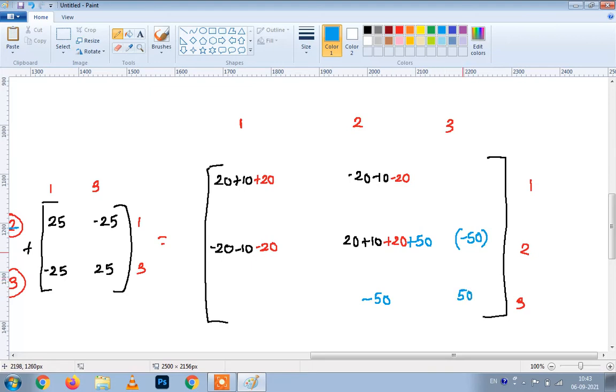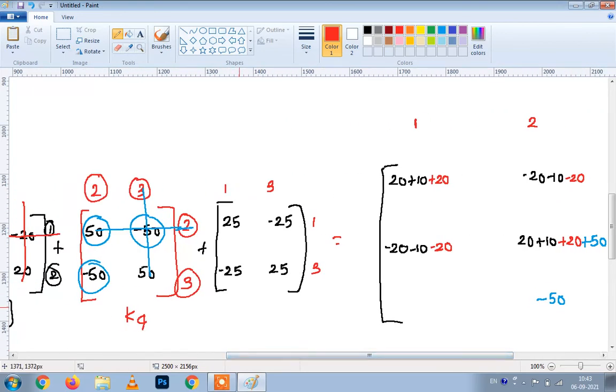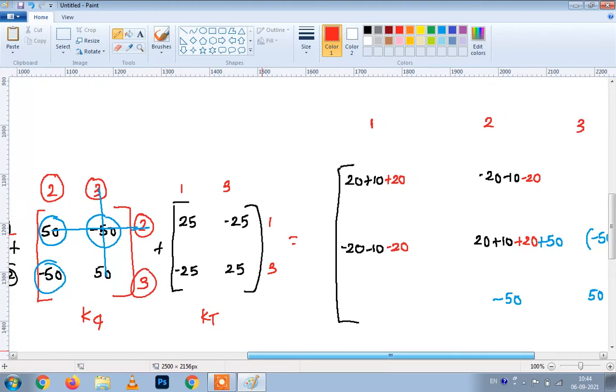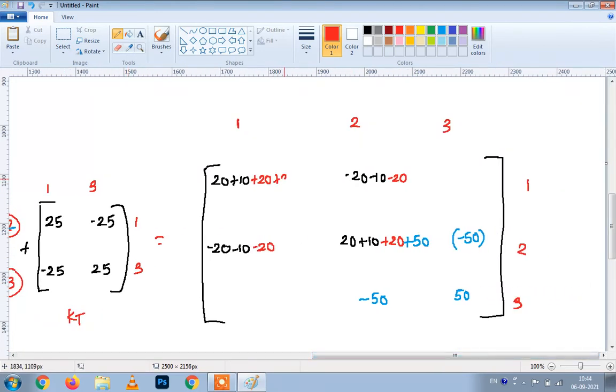So after this, the last element that is pending is K5. For this K5, it is in first row first column. So here will be plus 25. This particular element, first row third column. So first row third column, here it is.